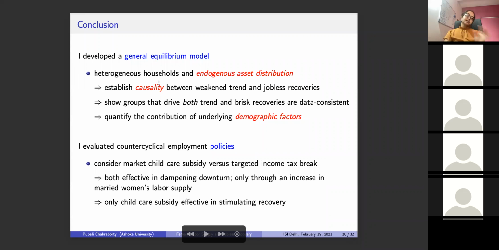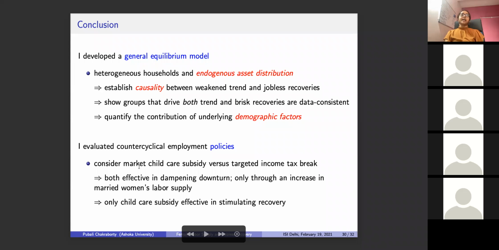And I find that, consistent with the data, the groups that drive both the trend and jobless recoveries are essentially the same. Then I use my model to quantify the contribution of these underlying demographic factors.